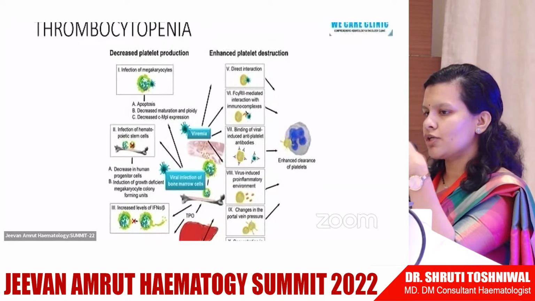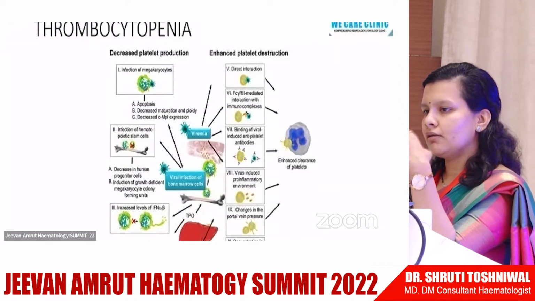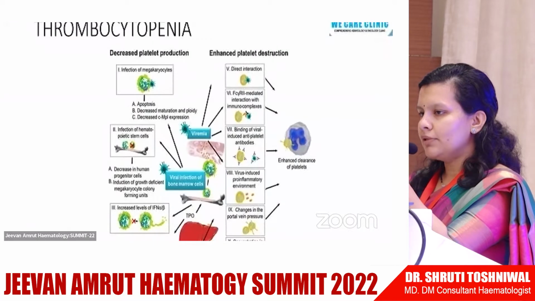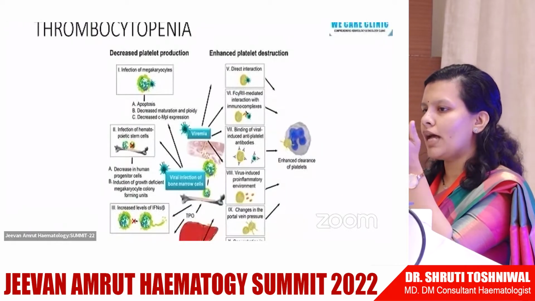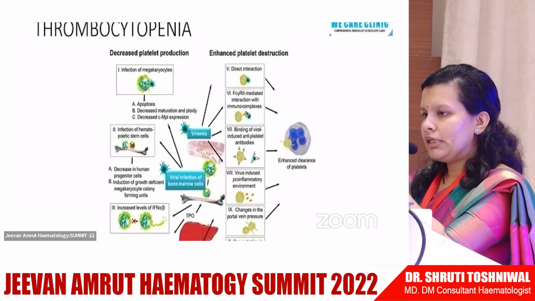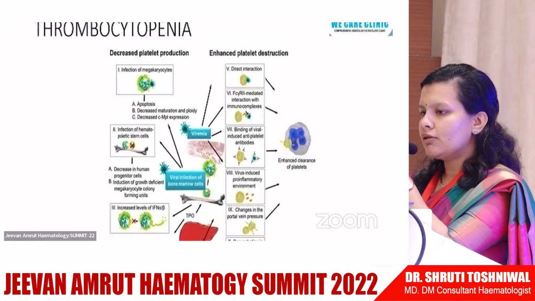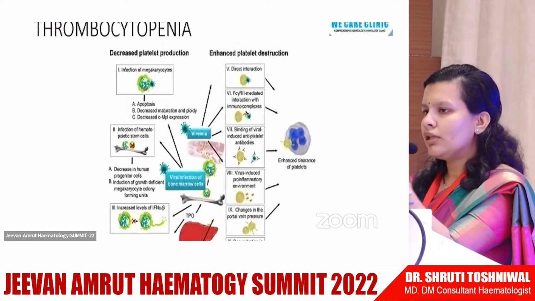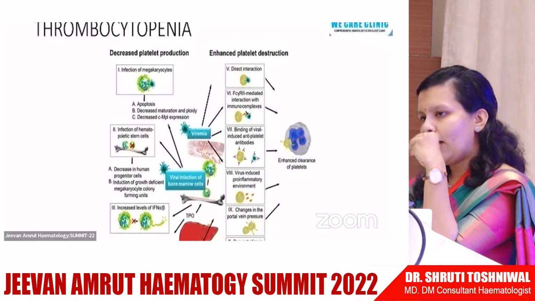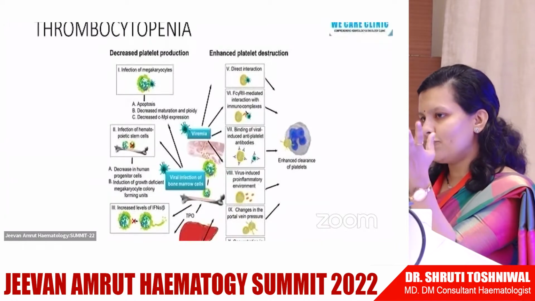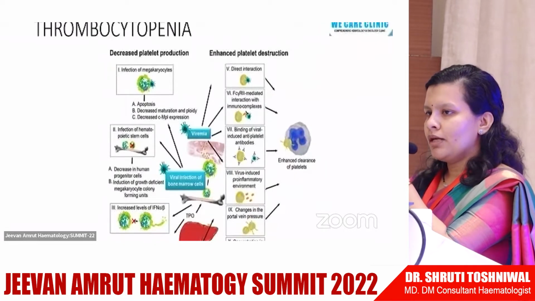There is decreased TPO production due to the various cytokines, so they decrease the production of platelets. There is also enhanced platelet destruction due to the direct viremia, antibody-mediated clearance, macrophage activation, and sequestration in the spleen. All these factors lead to thrombocytopenia. Until we go into the details of why thrombocytopenia is happening and in which phase of illness, we may not be able to treat it accurately.